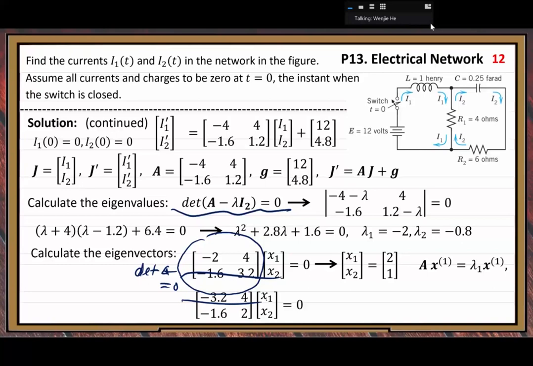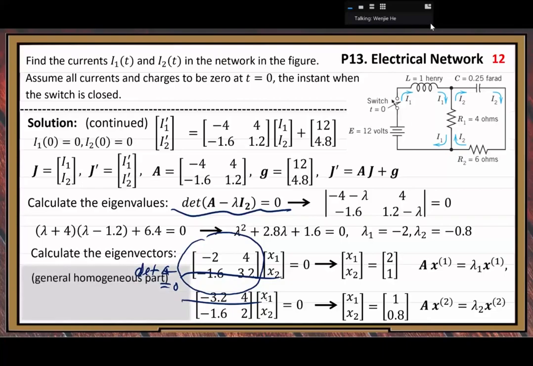Then you can get it by observation: this 1, 0.8 vector, the second eigenvector. So you find these two eigenvectors.